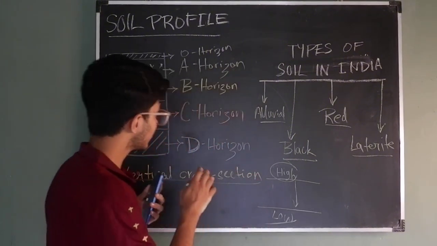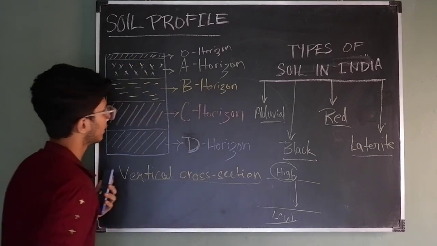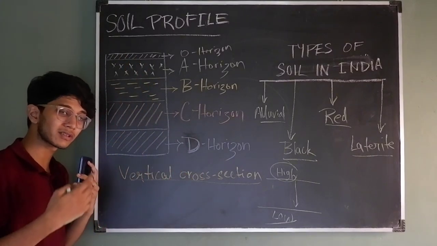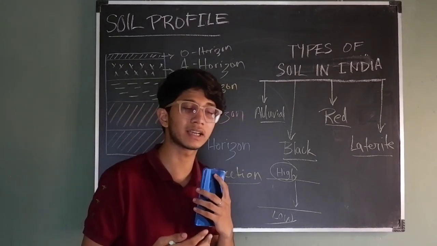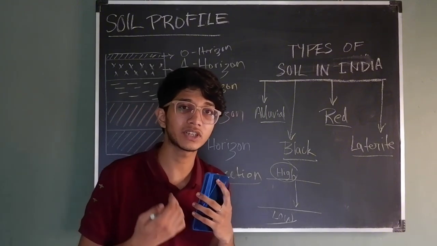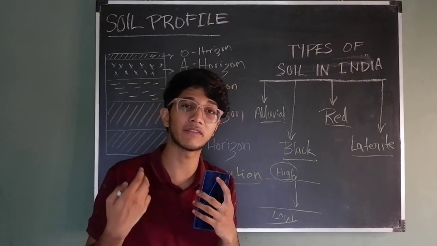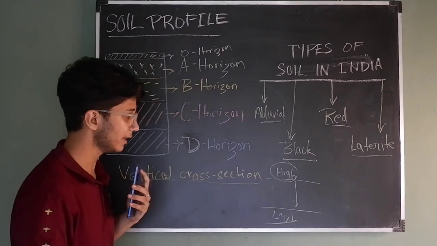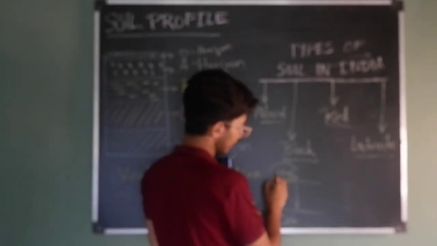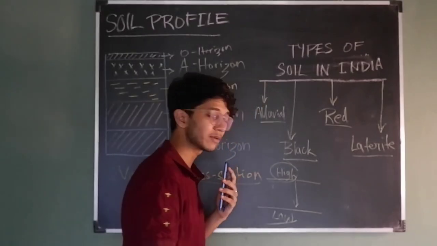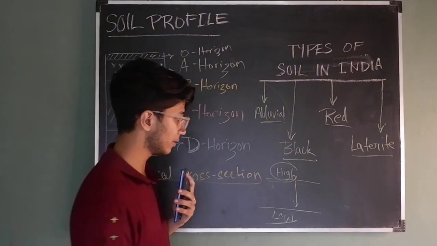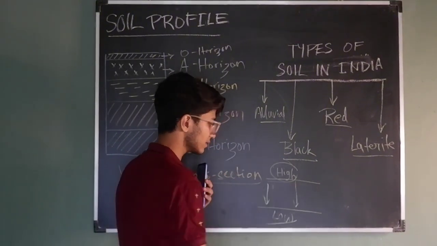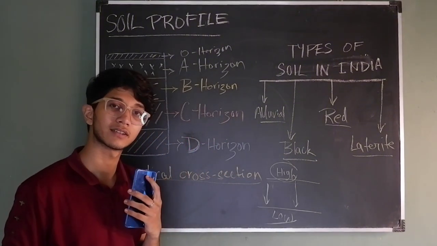Okay, so for example, if this is a soil profile, which area would be the most degraded or basically disintegrated? Which area would receive the highest level of weathering? Okay, it would be this region. Why? We know that when it's closer to the surface, it would be highly degraded, but the more it is away from the surface, it would be less degraded, right?